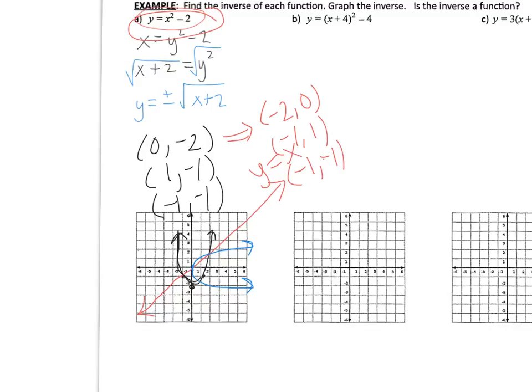So is this inverse a function? No, it is not, because the blue one, the inverse, doesn't pass the vertical line test.